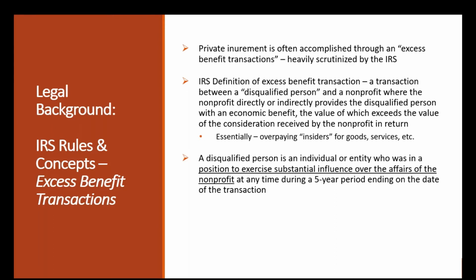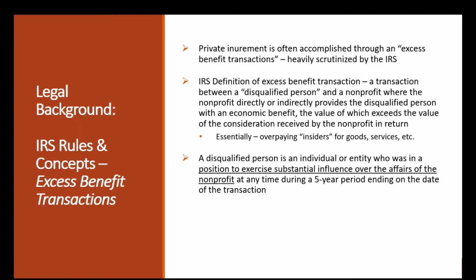There's another term there, disqualified person. That's a little funny. A disqualified person is defined as an individual or entity who is in a position to exercise substantial influence over the affairs of the nonprofit anytime during the 5 years preceding the transaction in question.